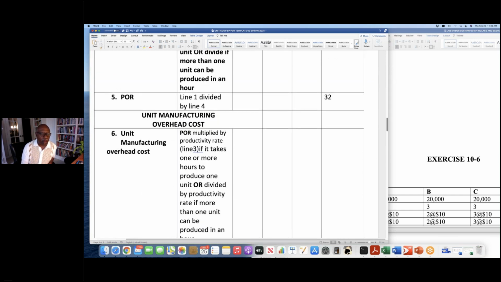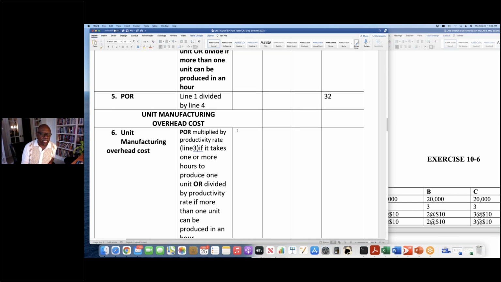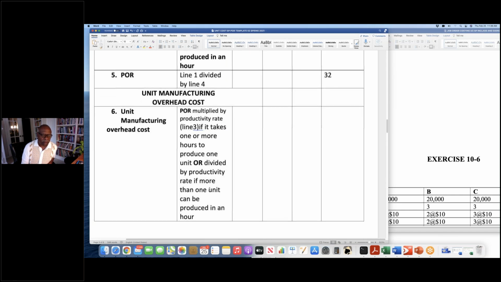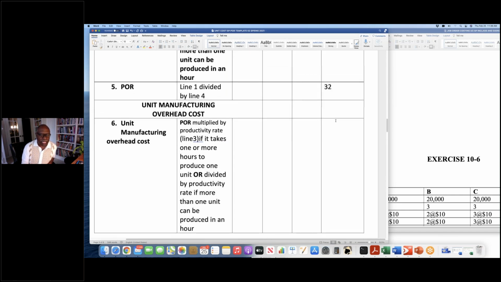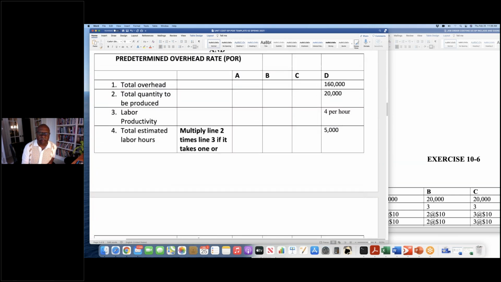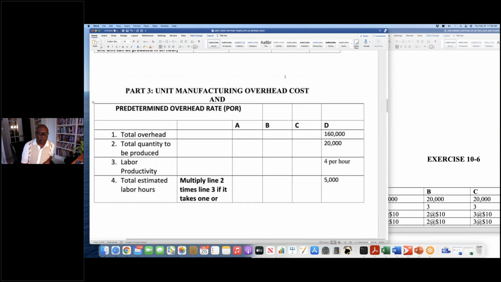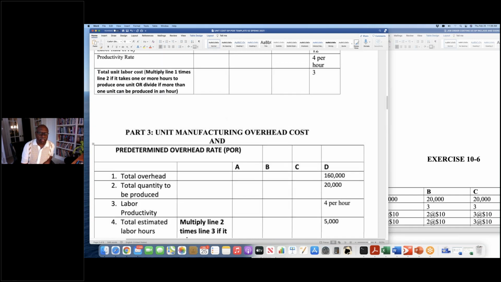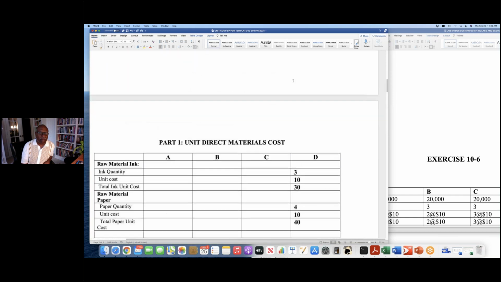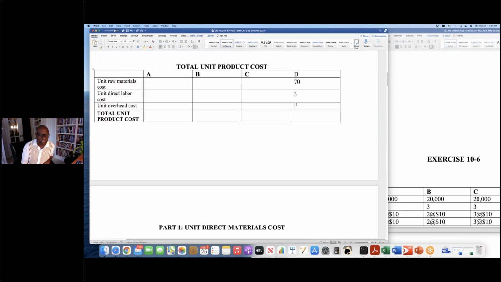It says the unit overhead cost is the POR multiplied by the productivity rate if it takes 1 or more hours, or divided by the productivity rate if more than 1 unit can be produced in an hour. So are we multiplying or dividing with the productivity rate? We divide. So we divide 4 into 32, and we get 8. Put it right here. 8.